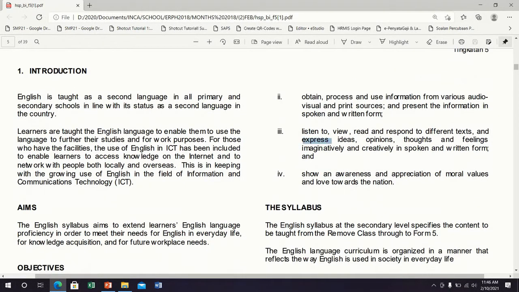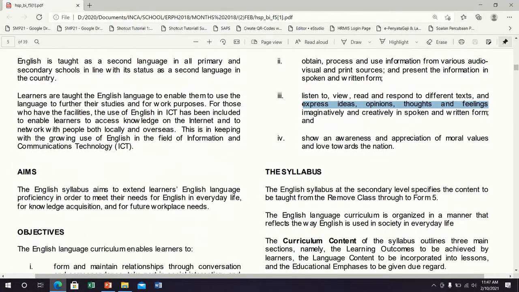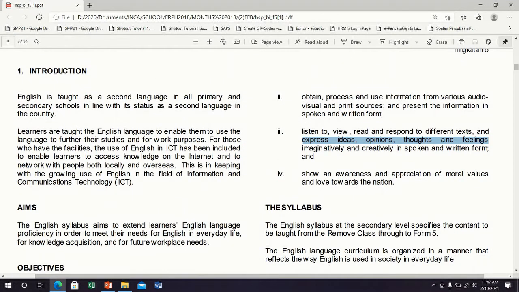If you look at the curriculum, it tells you that this is one of the skills expected in the examination paper because students are supposed to be able to master this skill at the end of the school year.